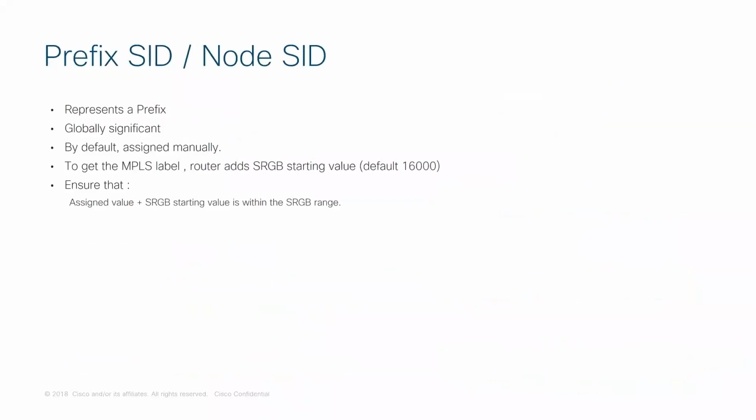as I said, for normal prefixes, we don't allocate labels. We allocate a label only to the loopback of the router, and that represents the node itself.